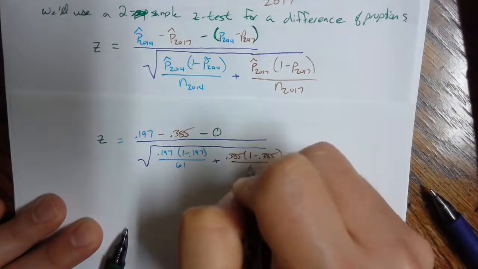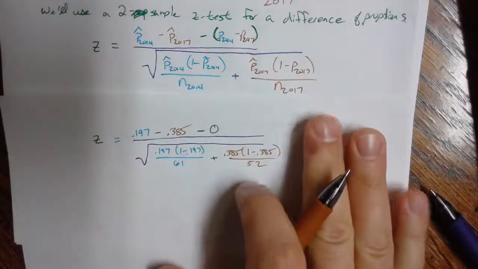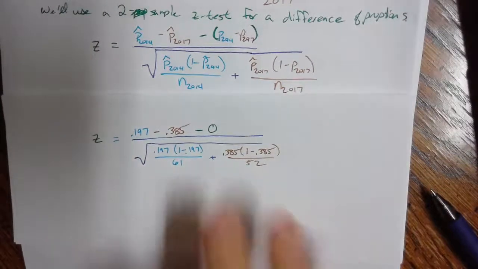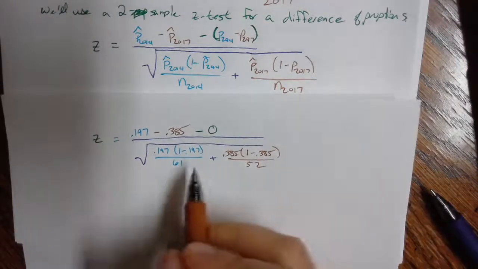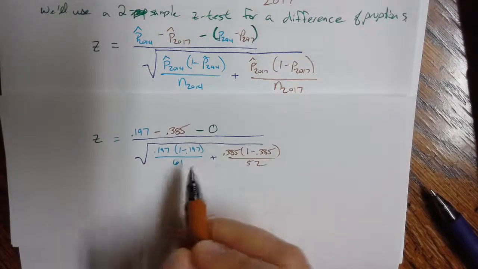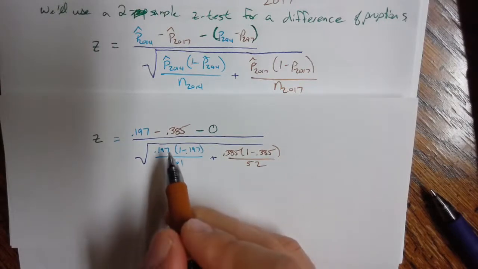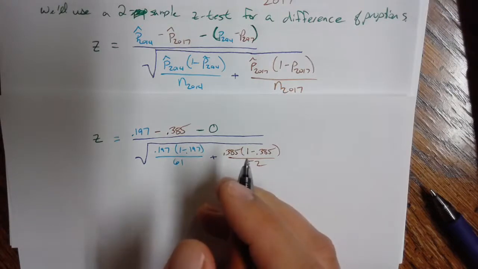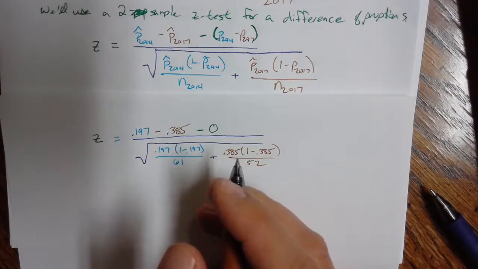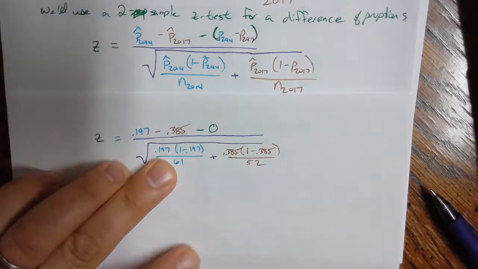Now I do want to mention, it is possible to do this in another way. It is possible to pool. Pooling works in a way that, instead of looking at both of these samples separately and combining their variances, it's kind of an average of the two. So instead of using the 19.7% and the 38.5%, you basically weight average these values, and then you can use that value as your sample proportion for the combined samples. And that works perfectly fine.